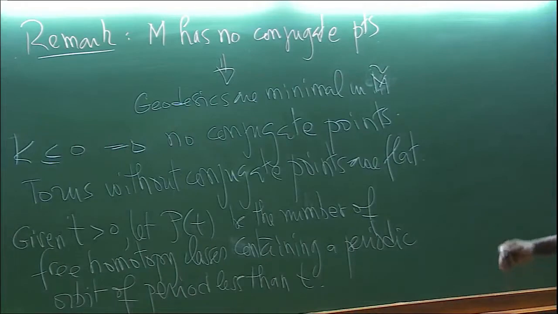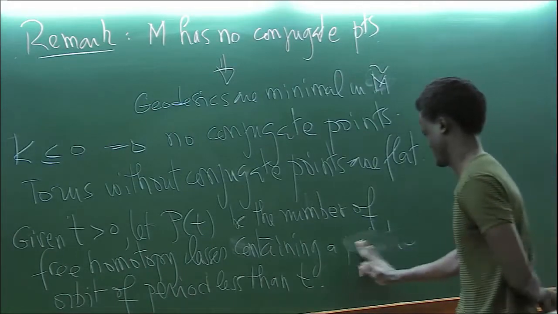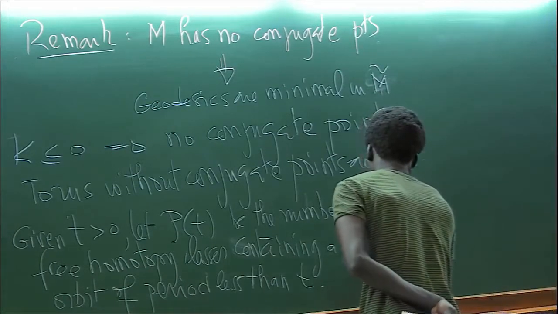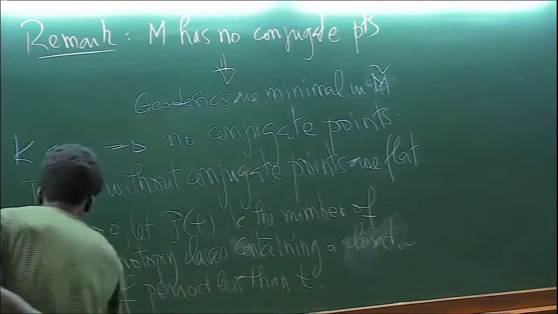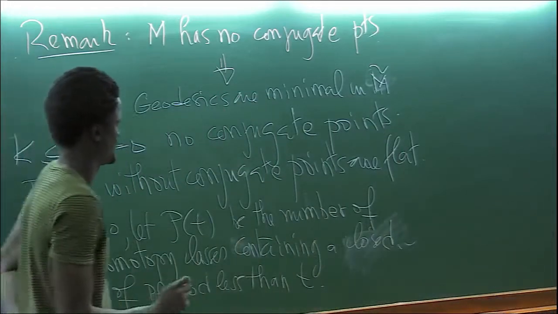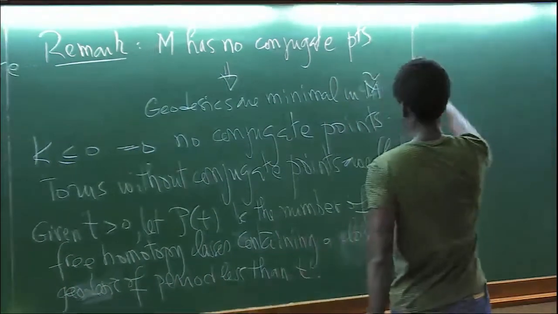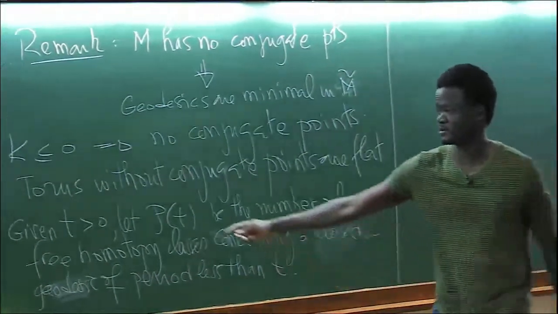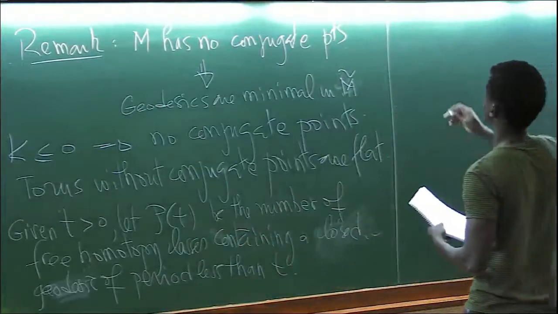Okay, I should have said closed geodesic. So basically, the theorem is about estimating this number, which is called the Margulis estimate.